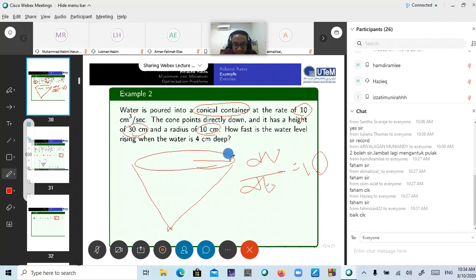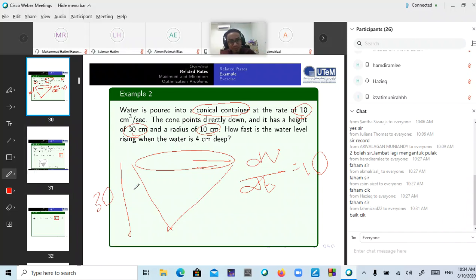So, in this case, 30 dengan 10 ni, value dia akan sama sentiasa, kiralah masa tu berubah atau tidak. Sebab cone tetap bersaiz begitu.